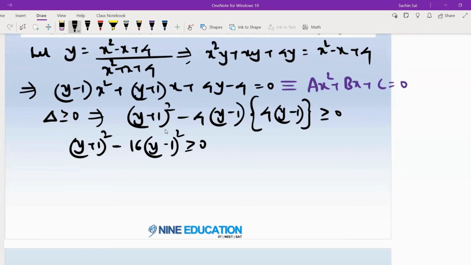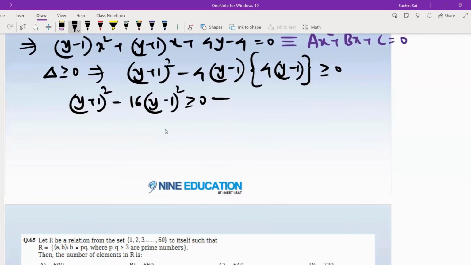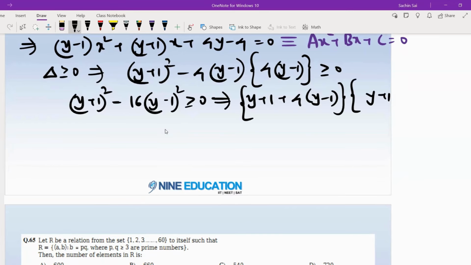Now you can either expand this and solve, or you can rewrite this as y plus 1 plus 4 times y minus 1 into y plus 1 minus 4 times y minus 1 greater than or equal to 0. Right? So this expression here is of the form a square minus b square. So I've written it in the form a plus b into a minus b.